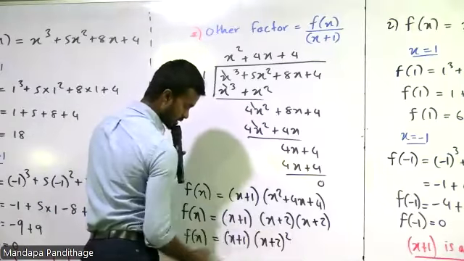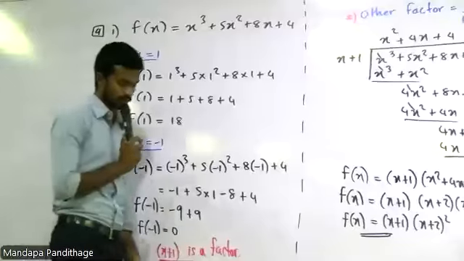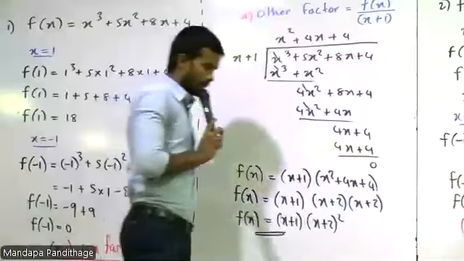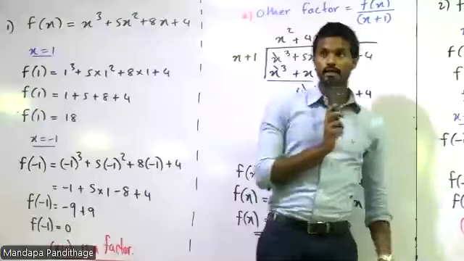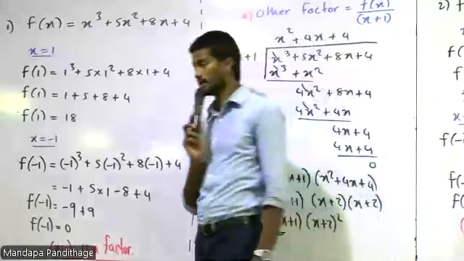Okay, hands up if this part is clear. So after taking one linear factor, to get the other factor, you have to divide using a division method of polynomials. Write it this way.